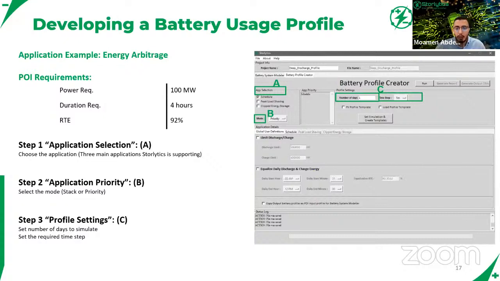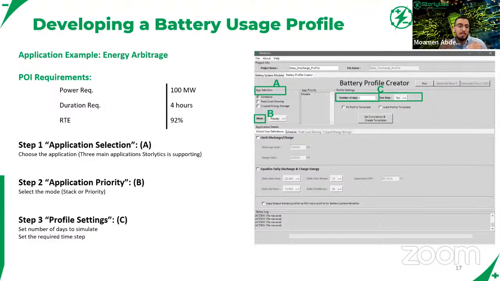In the current version of Storlytics, we have 3 main applications: the schedule, the peak load shaving, and the clipped energy storage. I will select the schedule application, where we are going to simulate energy arbitrage, but you still have the ability to select 2 or more applications.